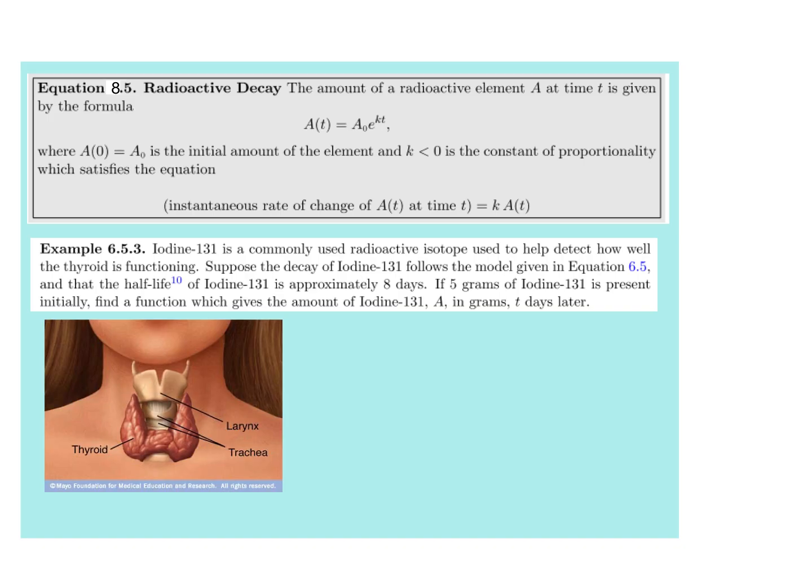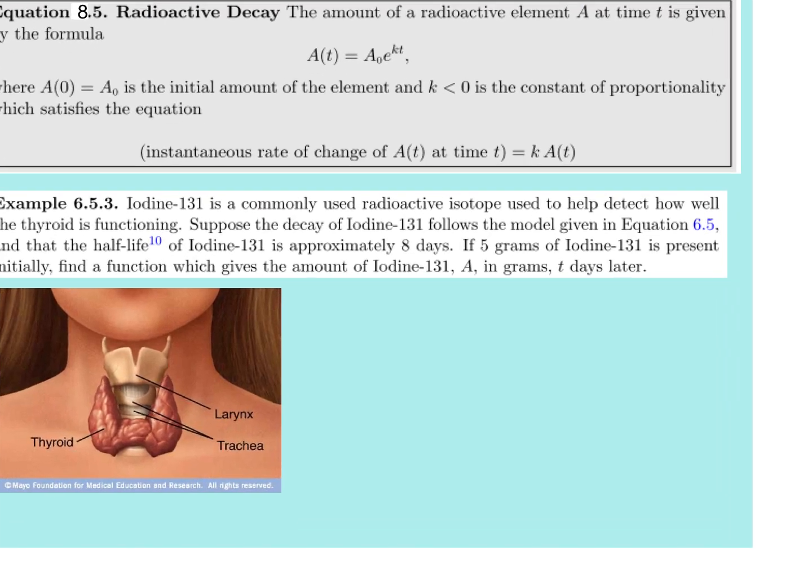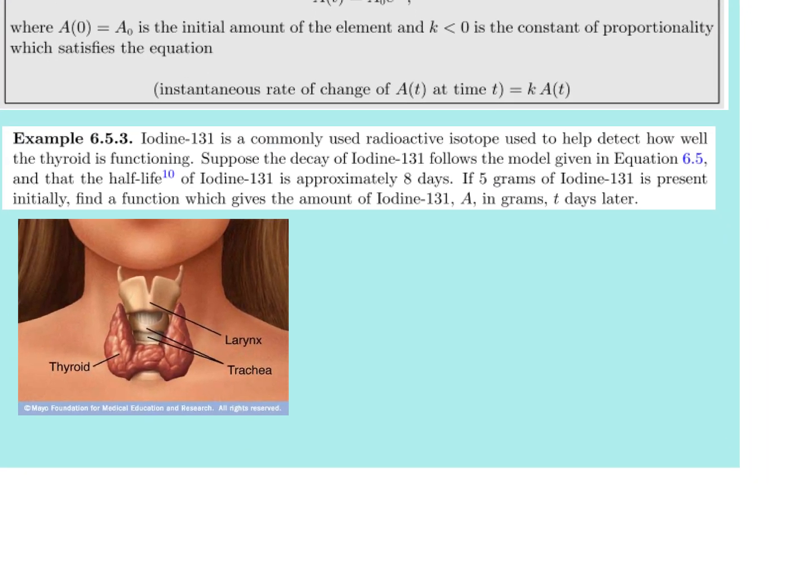In fact, here's another, it's exactly the same, except k just happens to be negative. Okay, so the thing that's weird in this one is that you're going to feel like you don't have enough info. But because it's called half-life, that means you have half as much in 8 days. You have to understand that they're giving you data there.